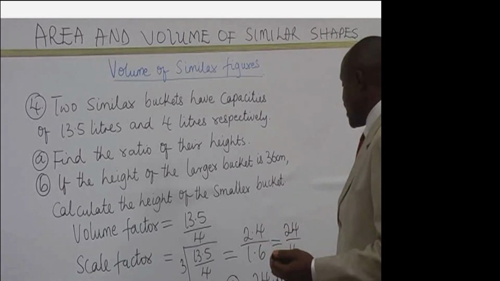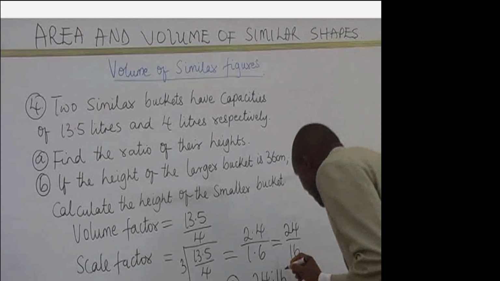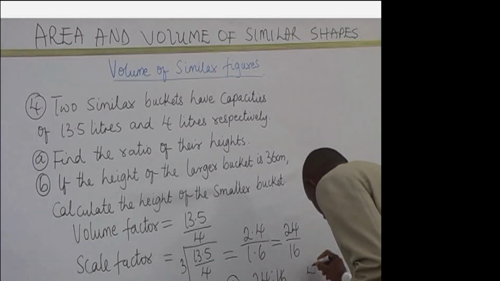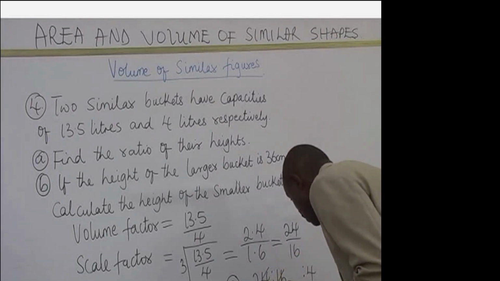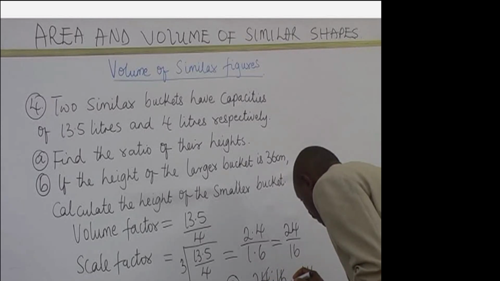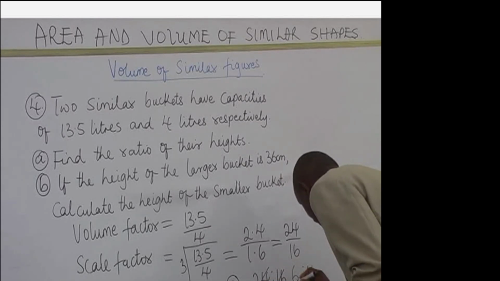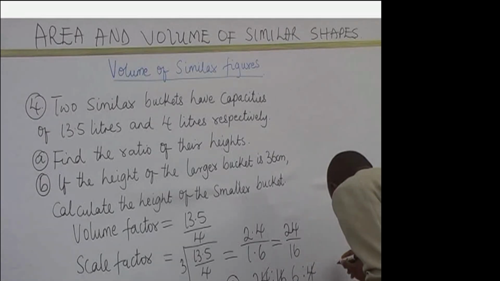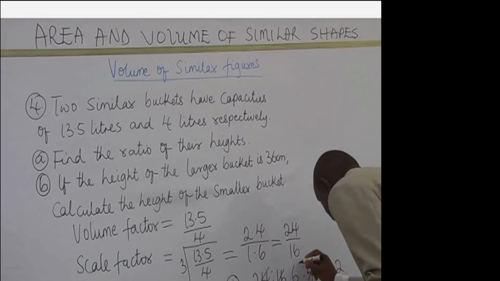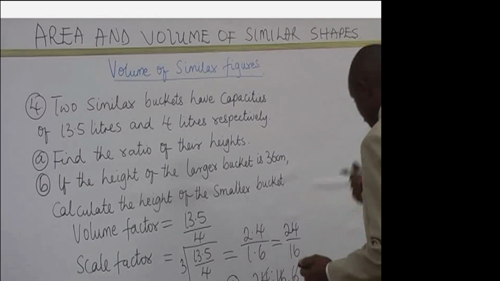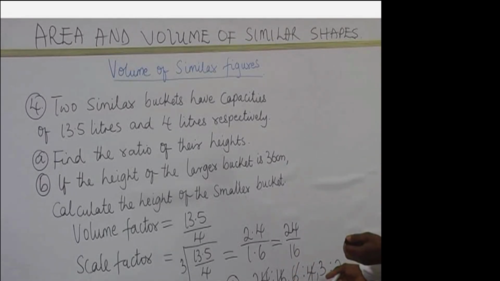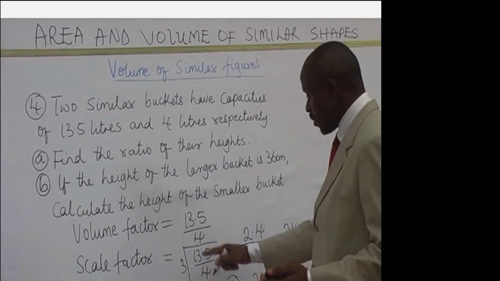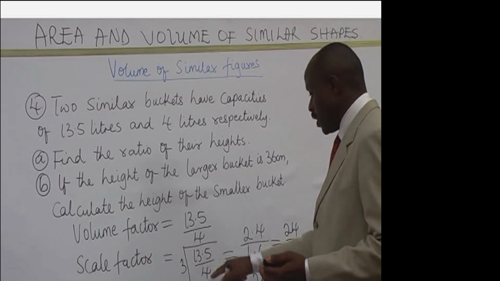If you like, you can break this down. 4 can divide this to give you 6, and 4 can divide this to give you 4. 2 can still go. 2 can divide it to give you 3, and 2 can divide it to give you 2. So the ratio now is 3 is to 2. It can still be 2 is to 3, depending on whether the larger or the smaller was the numerator or the denominator.